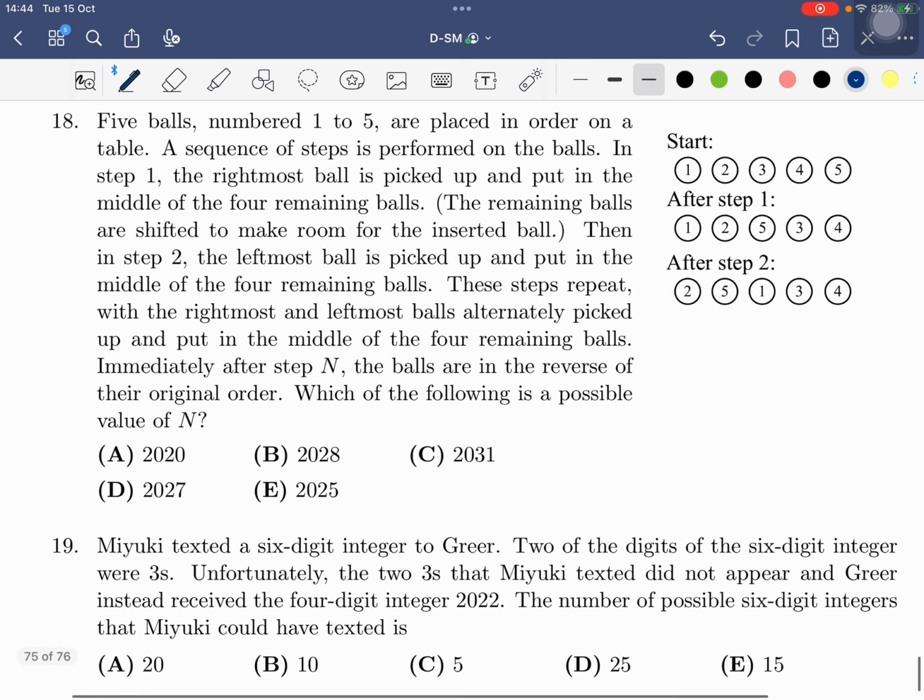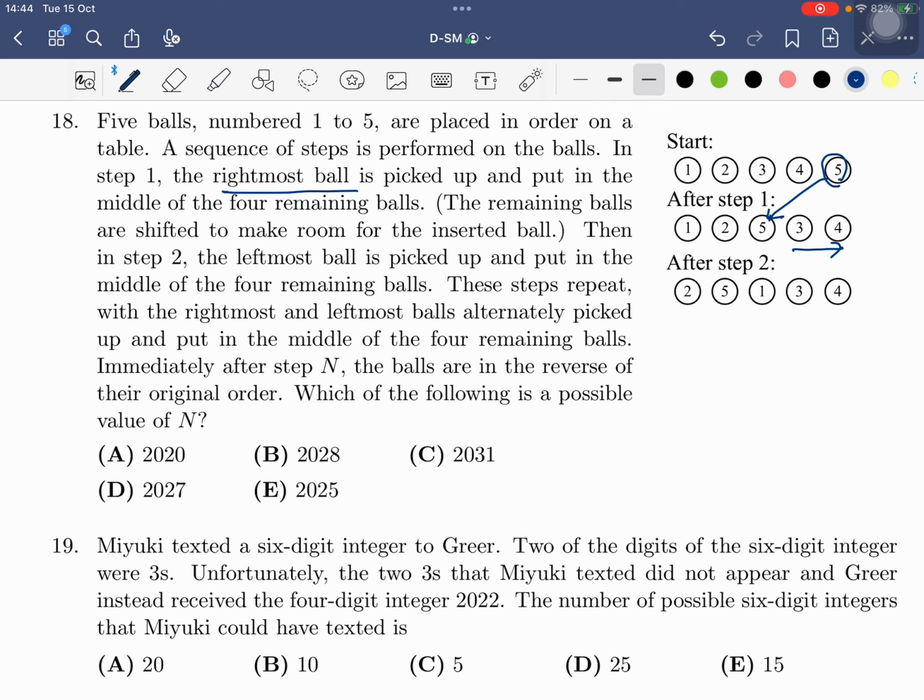Number 18. This is like a game. We perform the sequence of steps. So the first step, the rightmost ball, which is 5, is picked up and put in the middle here, and 3 and 4 go there.